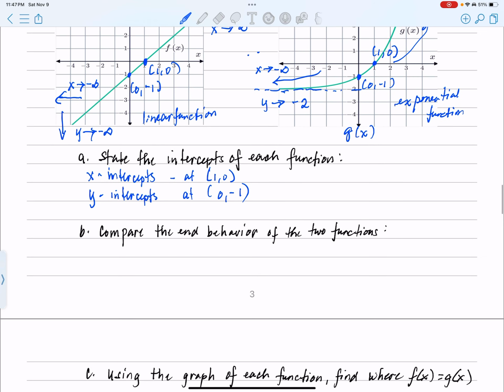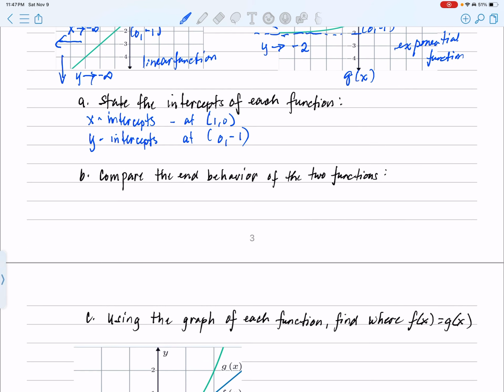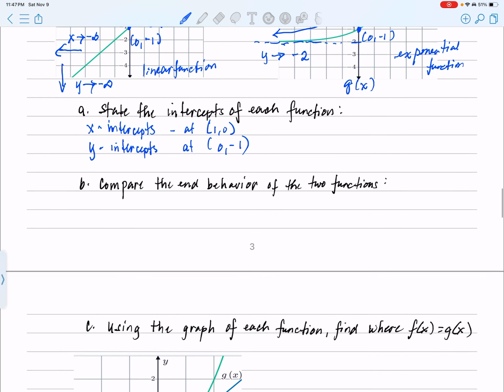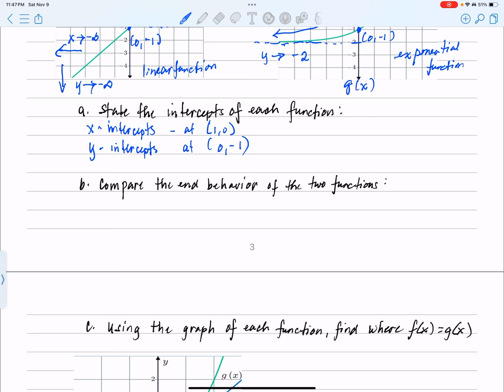All right, I'm going to write. So here on the linear function, on the left side, f of x takes larger and larger negative values as x gets farther from 0.